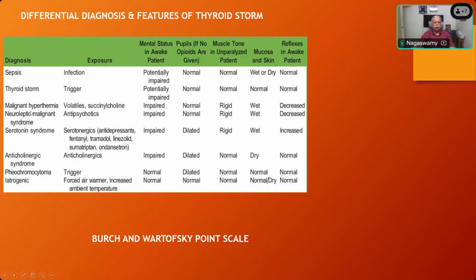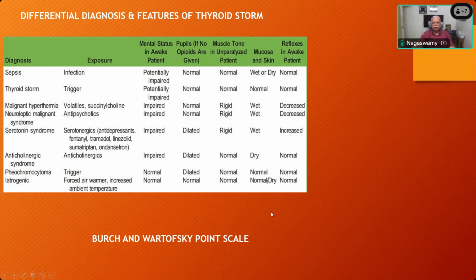Then malignant hyperthermia, MH, neuroleptic malignant syndrome, serotonin syndrome, anticholinergic syndrome, pheochromocytoma, and iatrogenic. All these things can produce raised temperature and features like that.